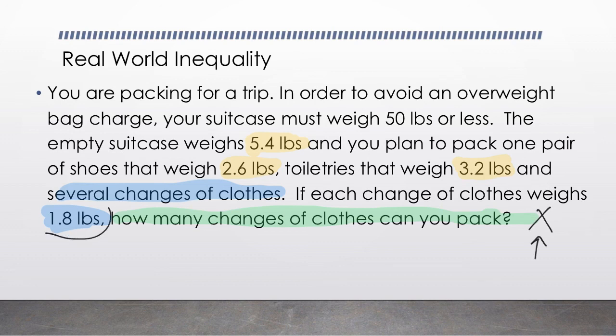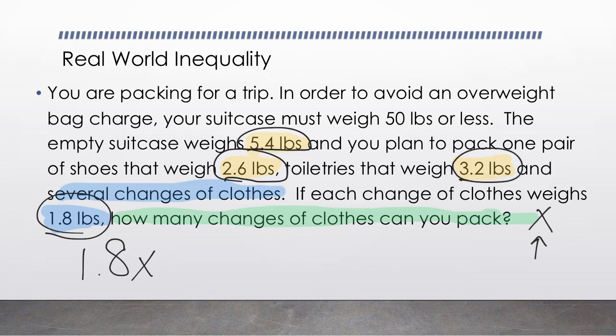Well, each piece of clothing weighs 1.8 pounds, right? But that's not the only thing I'm packing. I also have to keep track of the weight of my suitcase, the weight of my shoes, and the weight of my toiletries. So, all of that must weigh 50 pounds or less. How can I represent that?